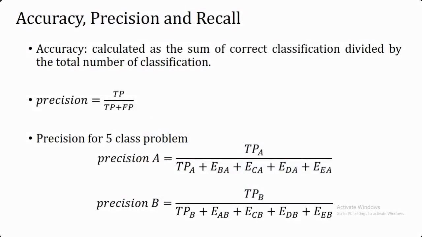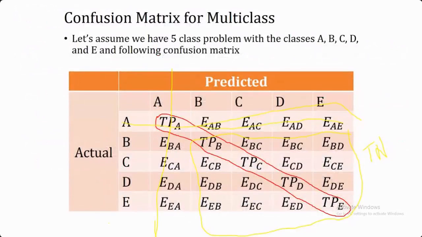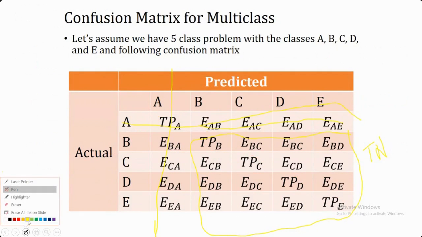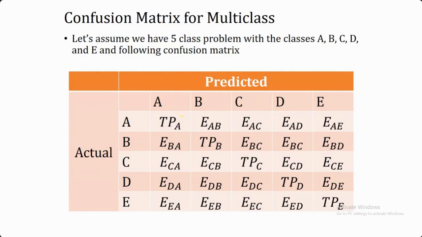Now how do we calculate it? Suppose you want to calculate the precision for your class A. It's going to be the true positive divided by true positive plus false positive.